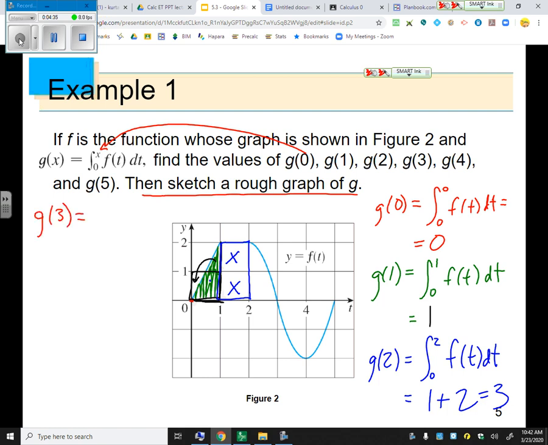I think you get the idea of g of 3. I'm just adding the area from 0 all the way to 3. Well, from 0 to 2, I know that area was 3. I just want to add to it this little bit of the area that's underneath the curve here. This is where we're going to have to start estimating.